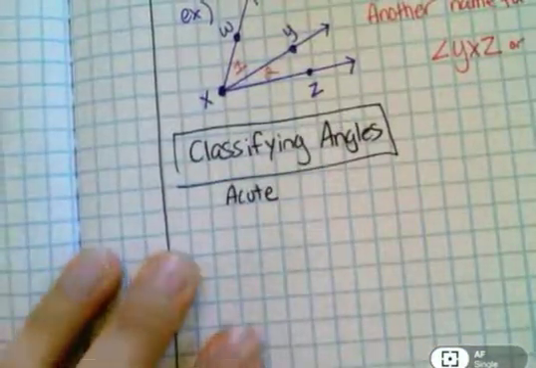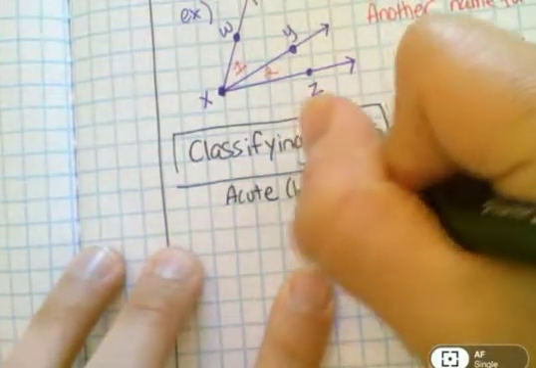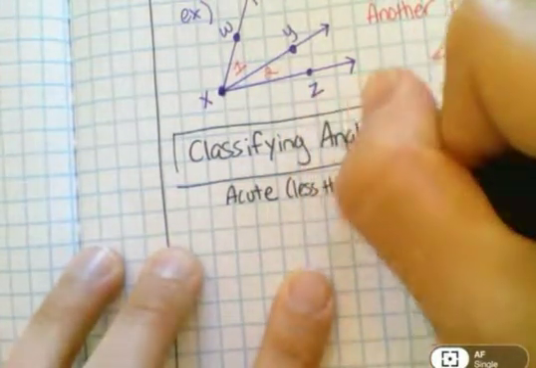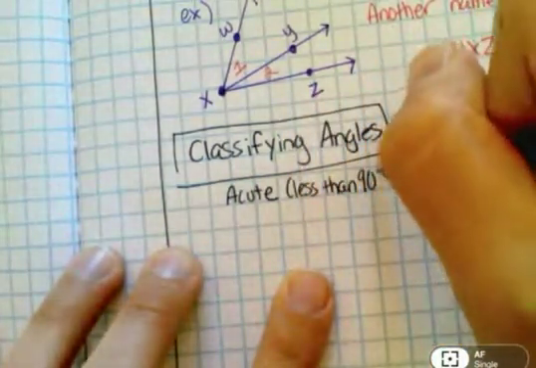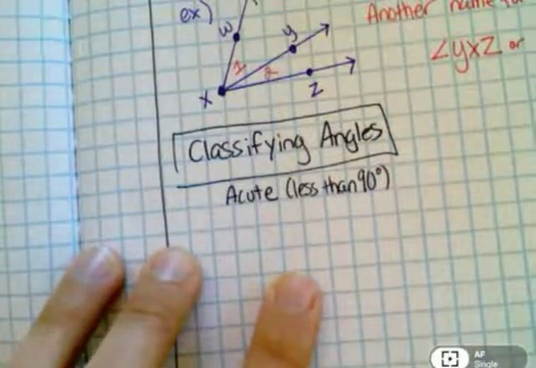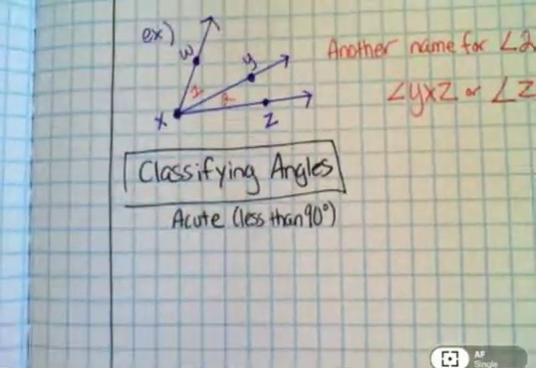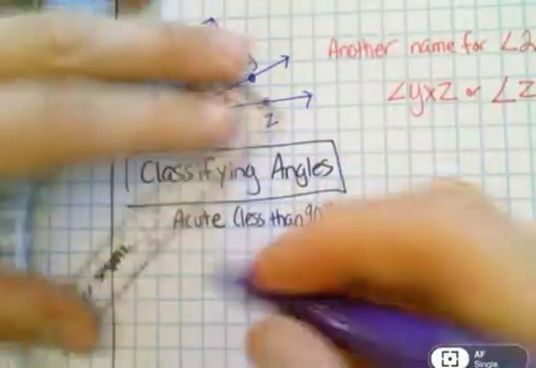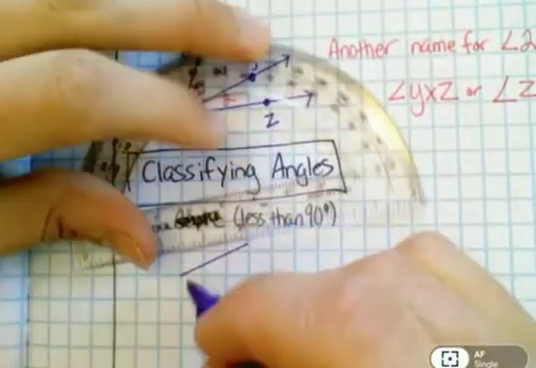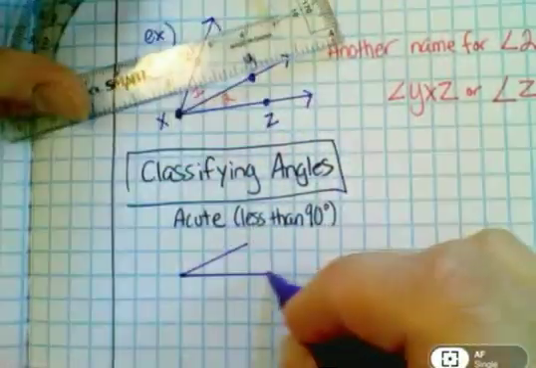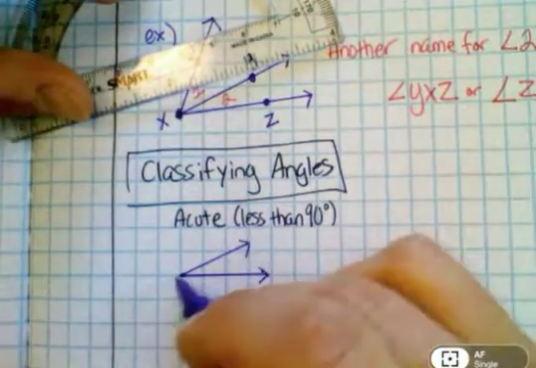So an acute angle is less than 90 degrees. Let's go ahead and draw one. An acute angle is like the ones we've already drawn. So it's going to take up less than a corner, something like that.